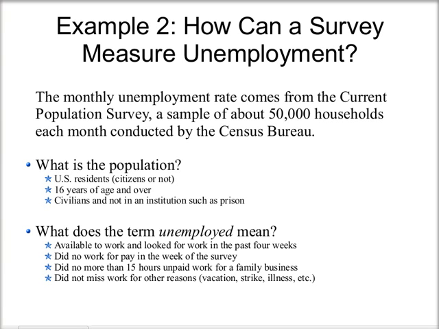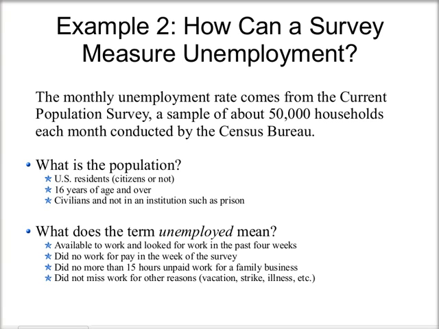So first, were you available to work, and did you look for work in the past 4 weeks? Second, did you do no work for pay in the week of the survey? If you did unpaid work for a family business, did you do no more than 15 hours of unpaid work? And did you miss work for other reasons, such as vacation, strike, illness, or some other reason?